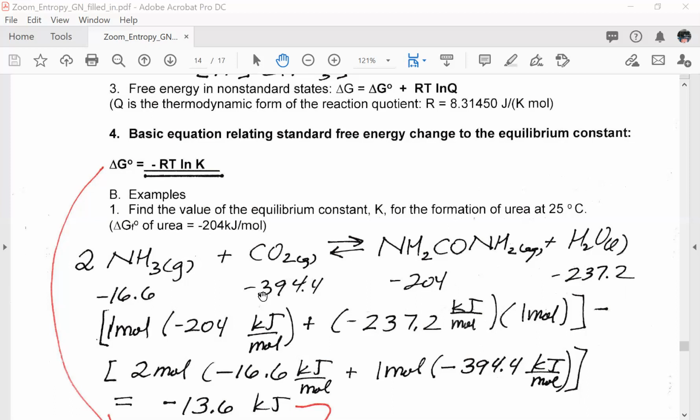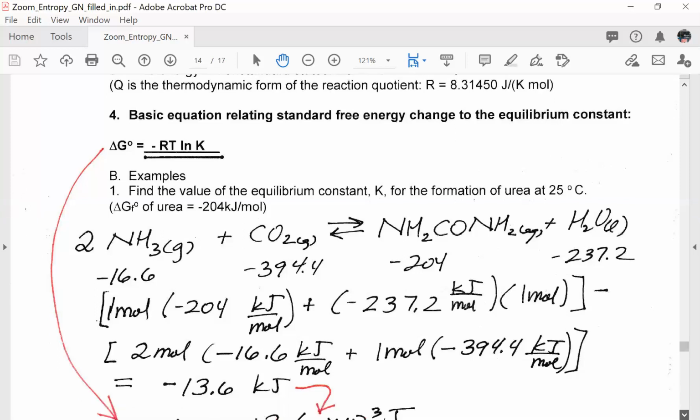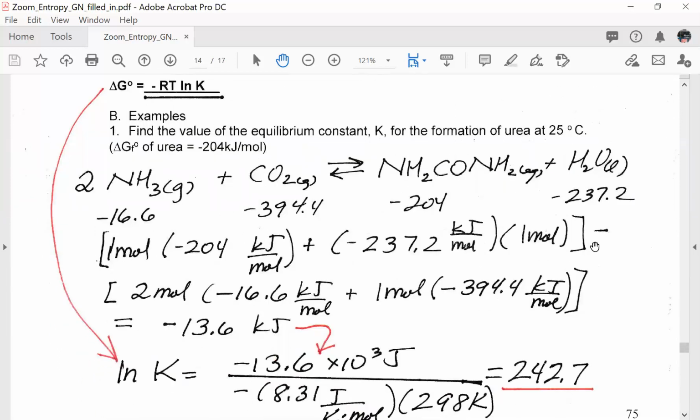We have to use our coefficients. So this is going to be our products. So 1 mole times minus 204 kilojoules per mole plus 1 mole times minus 237.2 kilojoules per mole. Those are our products. We're going to subtract our reactants.